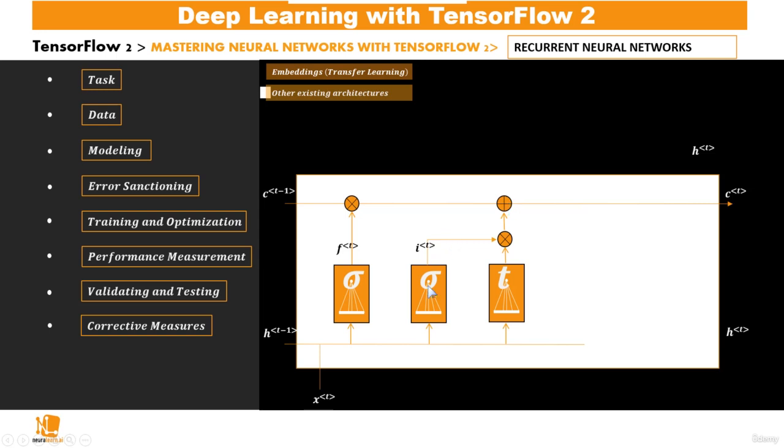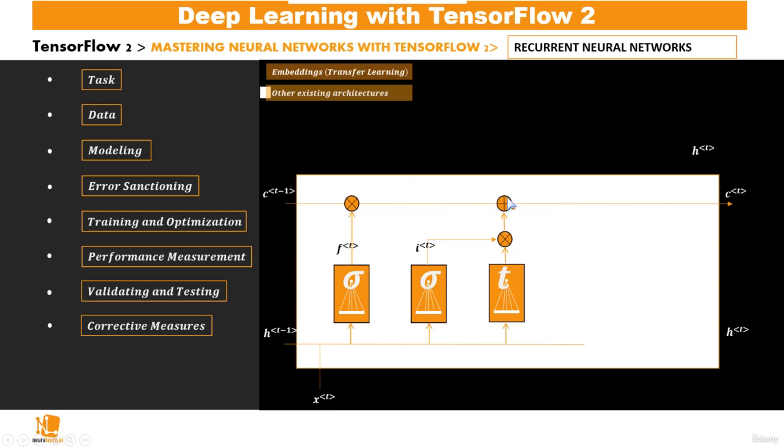Now notice that with the forget gate, we decide what information is to be forgotten, or what information we let go. And that's why we have a pointwise multiplication here. Whereas with this input gate, we decide what information we add to our cell state.